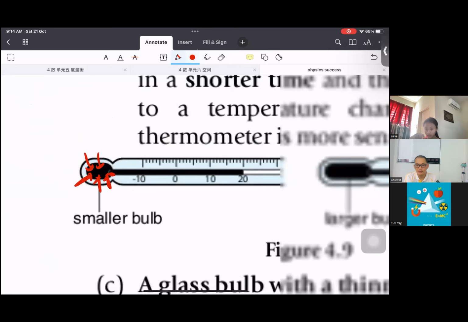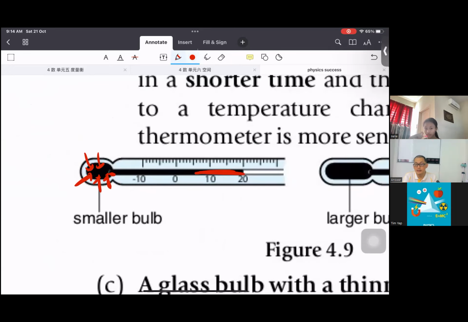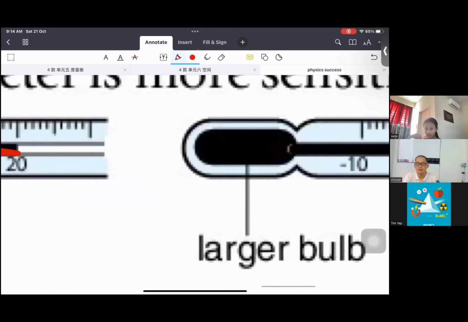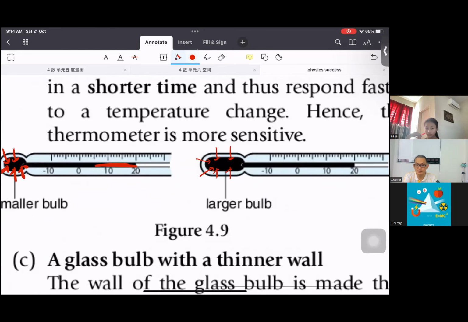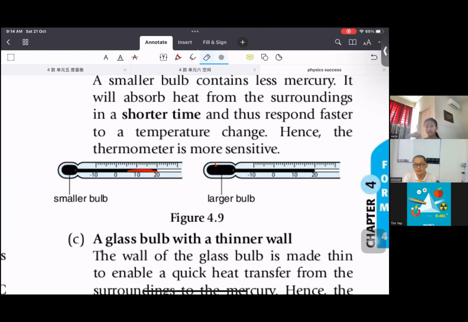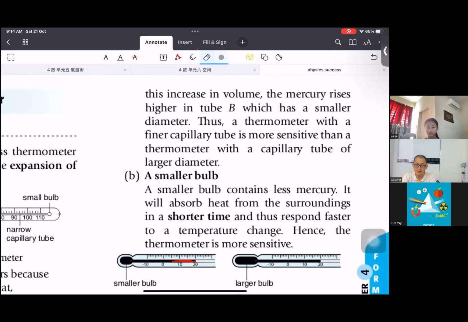So the change responds faster. If the bulb is bigger, it takes longer to heat up the mercury, so it takes longer to rise. So this is the second way to increase the sensitivity.